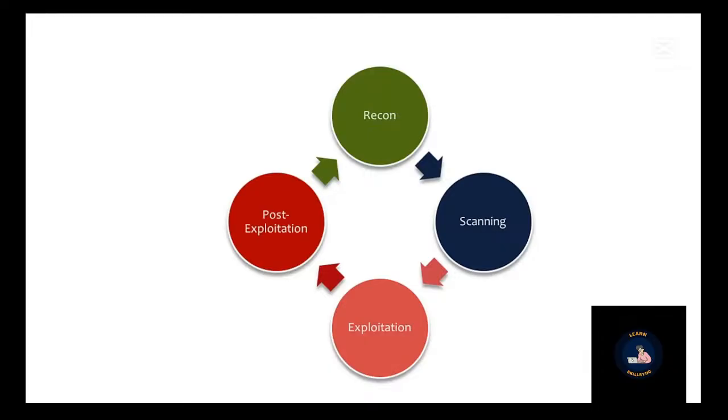I need to do whatever it takes to become permanent on this system. So I need to migrate one of my processes to a system process, so the victim will not be able to disconnect me from the session. How can we do that? We're going to explain these 4 different phases in depth using Kali Linux tools.